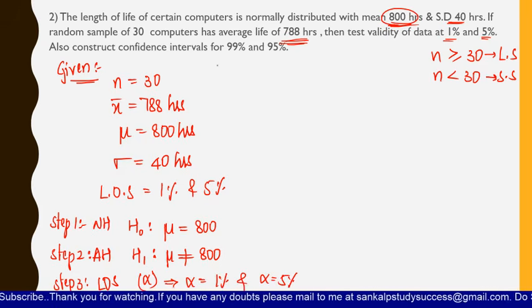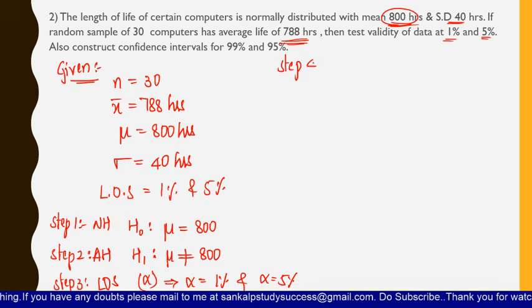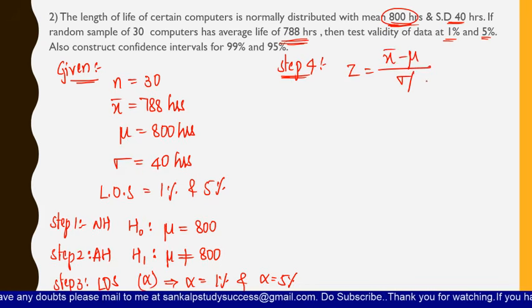So now let us calculate the test statistic for the given question. That means the test statistic is nothing but z, step 4. Here z is equal to x bar minus mu by sigma by root n.